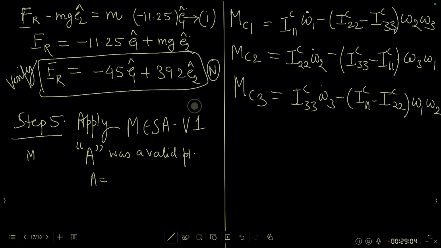And thus, you see MC1, MC2, MC3, and all the inertia components being written about point C. C is relevant here.